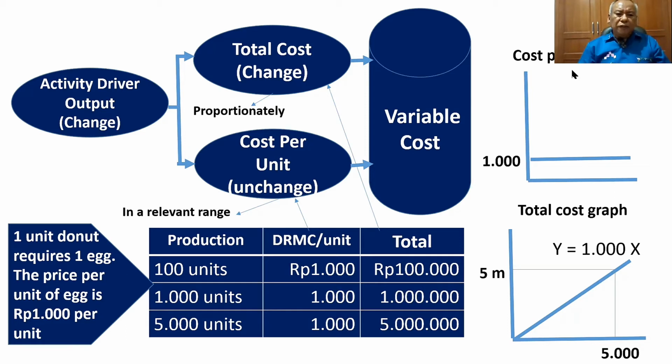So how can we define the variable costs? We can define the variable costs as costs that in total change proportionately with the changes of the activity driver output, while the cost per unit remains constant in the relevant range.